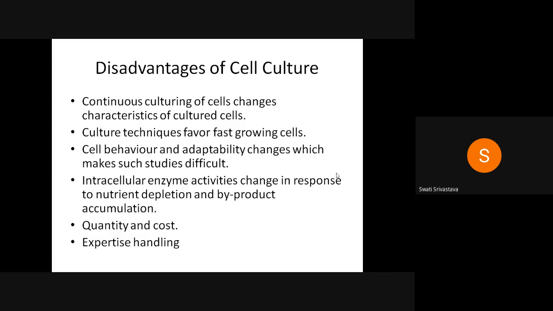Without skilled handling, without the proper knowledge or expertise, the cell culture system cannot work. Even if the system is mechanized, to monitor and maintain those cell cultures, some particular level of expertise needs to be present in the handling persons. Only then the process will succeed.